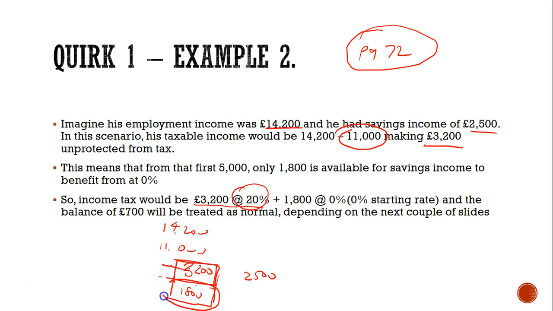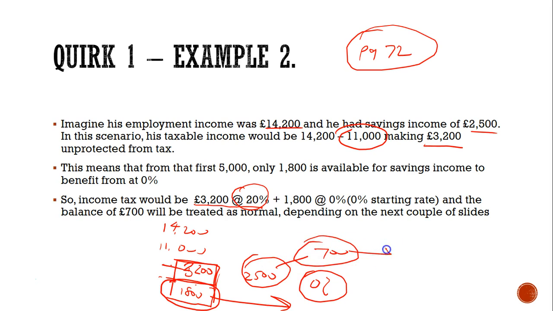Then we have this 1,800 left, which can be used at 0% for his savings income, but only 1,800 of it. You can see there's 700 that has to be dealt with, and that will now be treated as normal under the rules for taxing savings income.